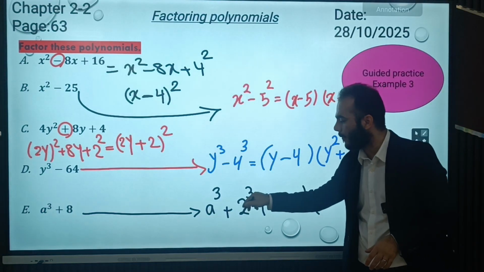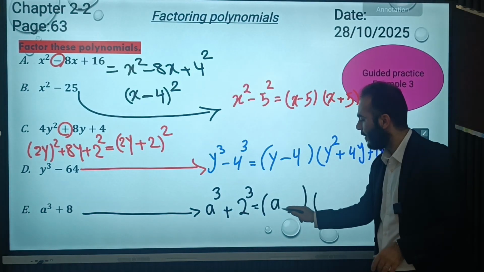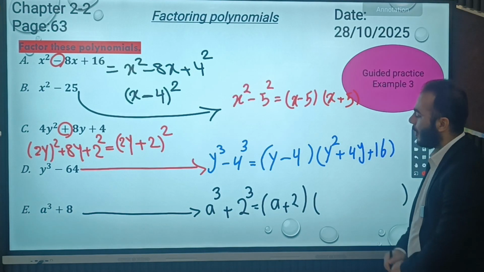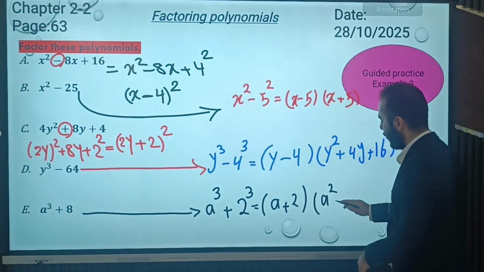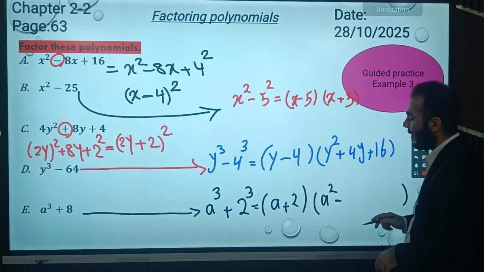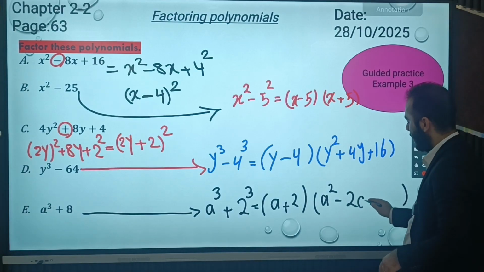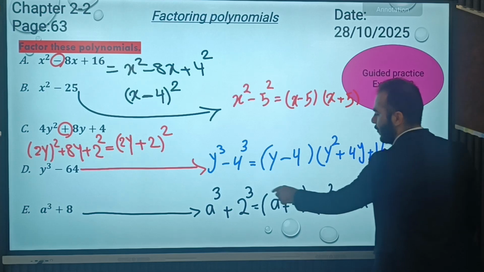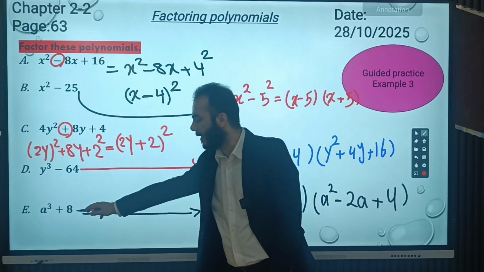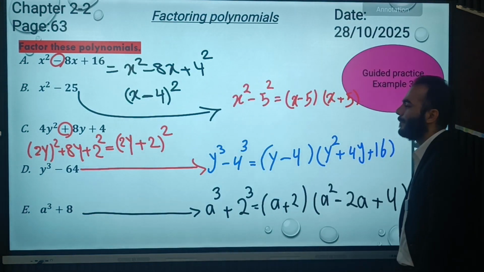In the smaller one, write the basis without the exponent, so a plus 2. So first term squared, a squared. If there is plus here, it would be minus the second term. So 2 times a, 2a, and then finally plus 2 powered by 2, 4. So 4 times 2 definitely will give us 8.